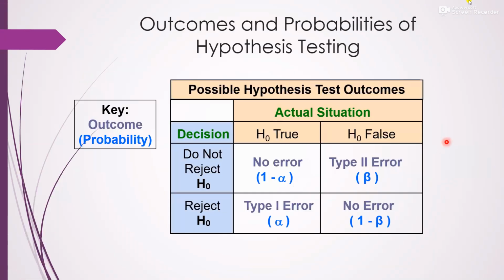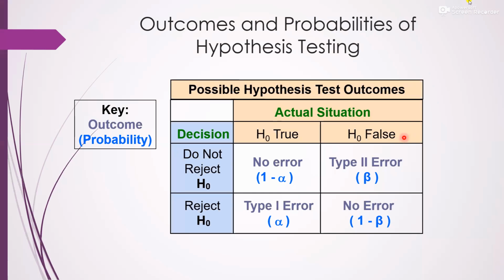So now here we have a summary. Based on this table, what decisions and what errors do we get in hypothesis testing? These are the outcomes and probabilities of hypothesis testing. The actual situation: H naught is true or H naught is false.